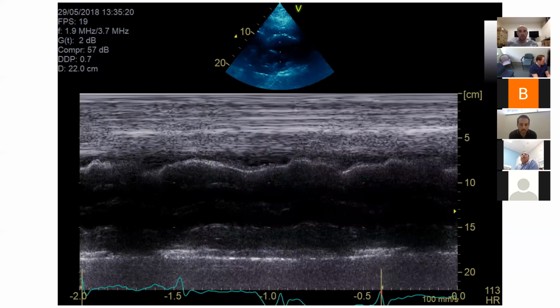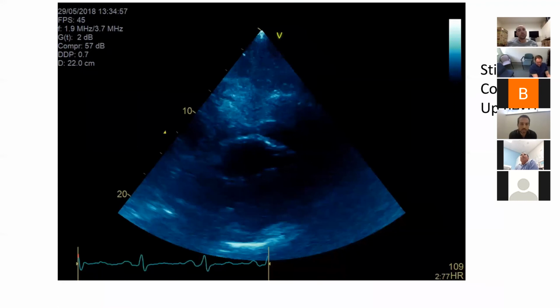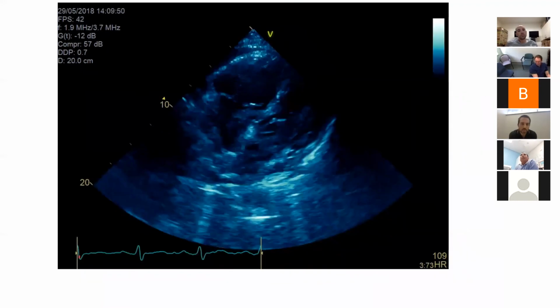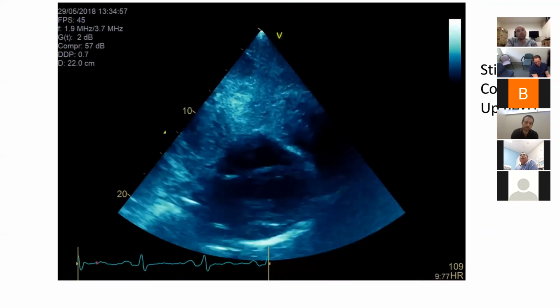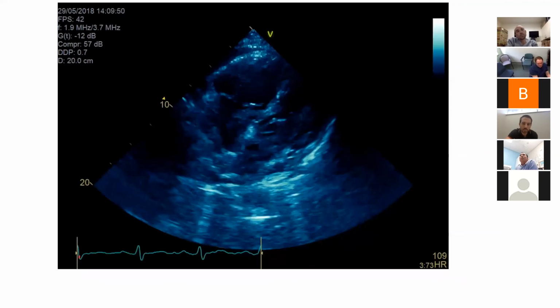Can you please go back to one image before, Louis, please? The subcostal. Yeah, that one. Do you think that the liver has got some different structure there, and is it like that hemangioma compressing the RA? I have no idea. Sorry, that wasn't there at the time.